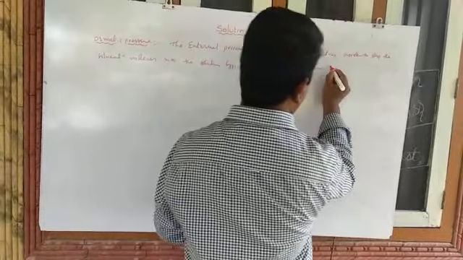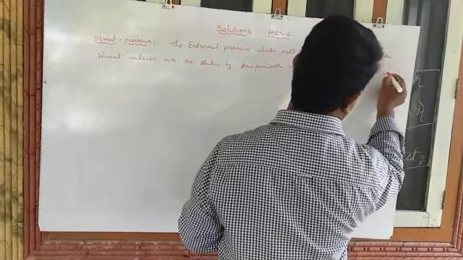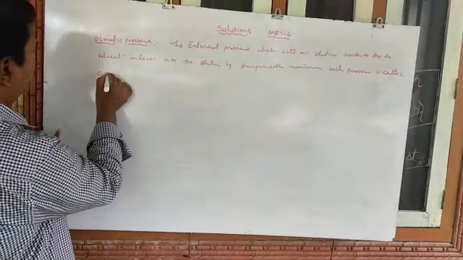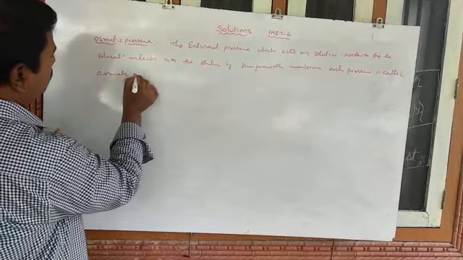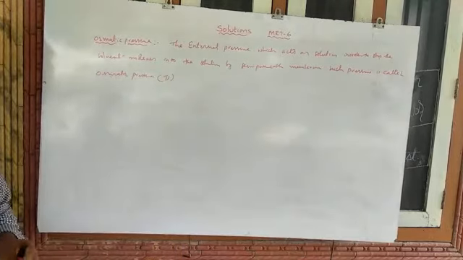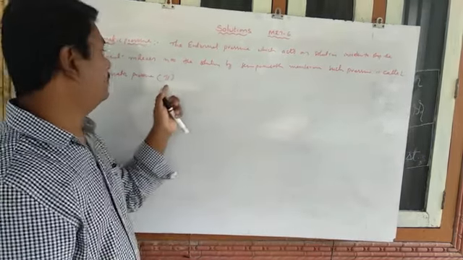Such pressure is called which one? Osmotic pressure. Generally, it is represented with which one? Pi. Osmotic pressure, pi. Clear?